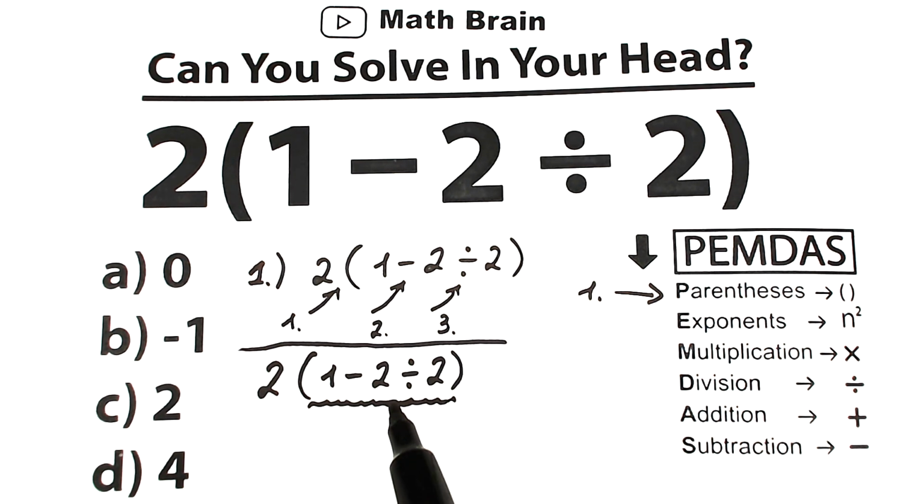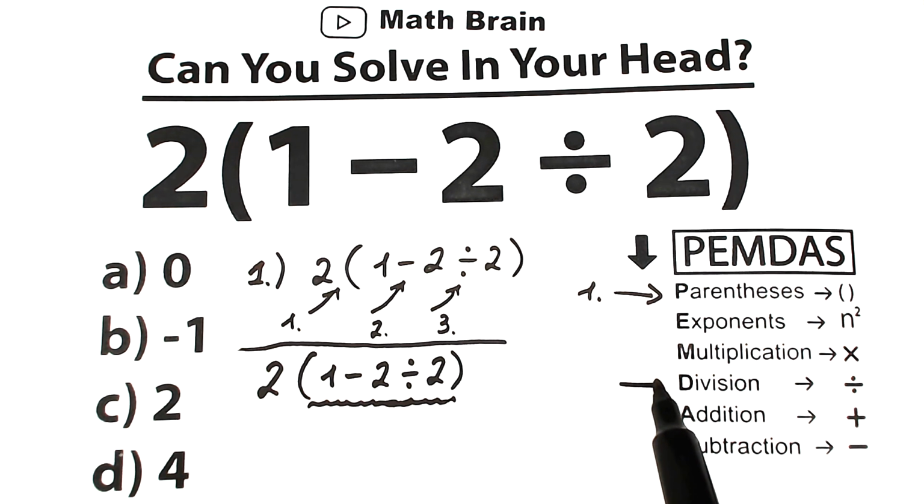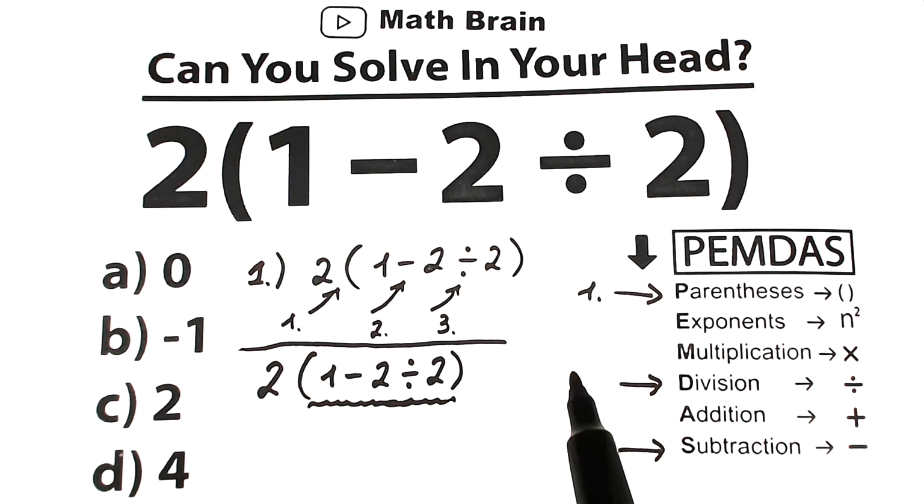Inside the parentheses we have subtraction and division, and right now we should look at PEMDAS once more. We have division right here, and subtraction right here. As I told before, higher position, higher priority. Division has a higher position than subtraction, so we should divide first.